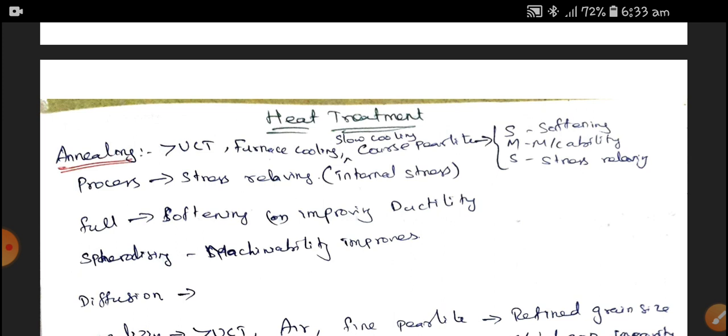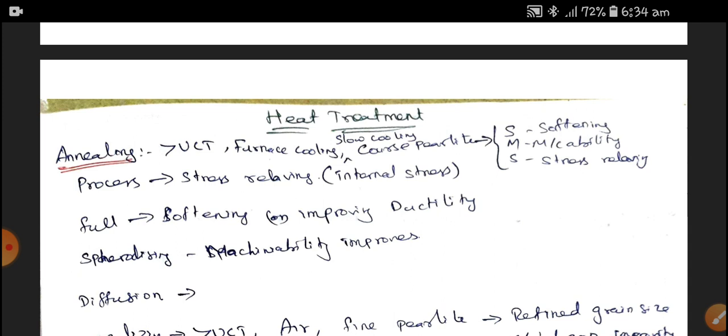In annealing, we can have four different types of annealing process. One is process annealing. In process annealing, the internal stresses are relieved. The same process is done, but importance is given to relieving internal stress. Therefore, it is called process annealing. Next one is full annealing.